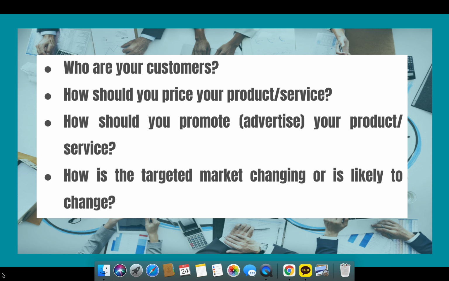So once you've gathered sufficient information to answer the questions that I have given you, then you can follow the next step that I will share with you. And that is, of course, how to create a simple marketing plan. Okay, so over time, you can refine and elaborate on aspects of the marketing plan as more resources become available and as your business expands.